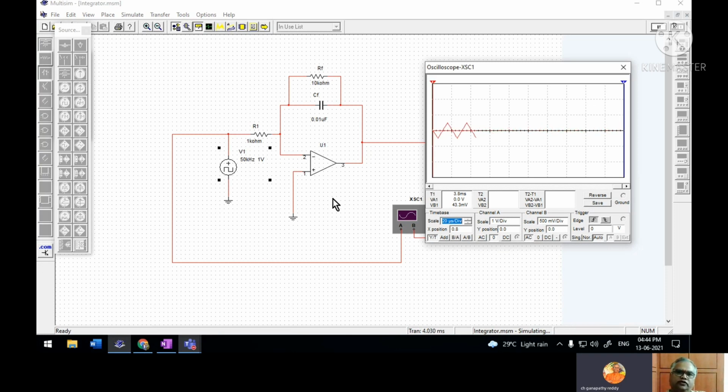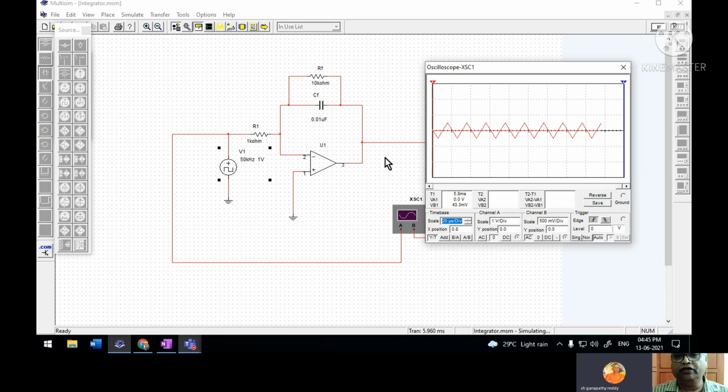Further theory you can study in your regular subject. Just apply a square wave with frequency more than 10K, any value of your choice. Check whether you are getting a triangular wave or not. Note down one reading, with one frequency more than 10K.